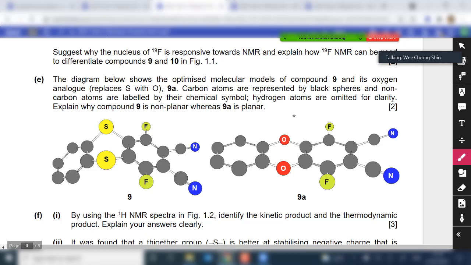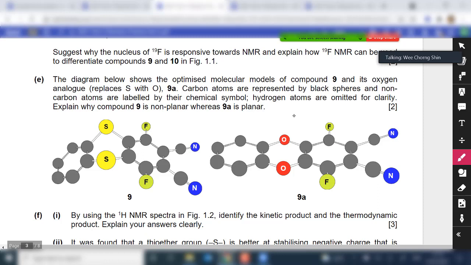Why is compound 9 non-planar and 9A planar? Okay, so they ask you why. What is the purpose of asking students this question? I think the purpose is, number one, in H2 we often say that the lone pairs of electrons on phenol will partially delocalize into the phenol ring.